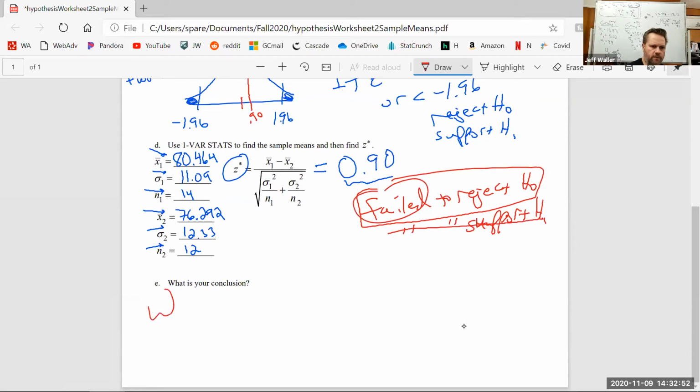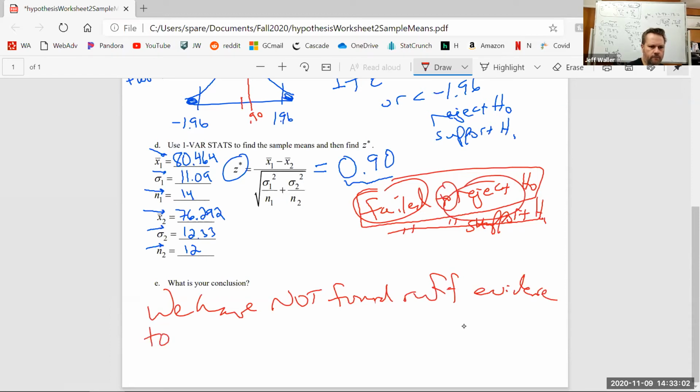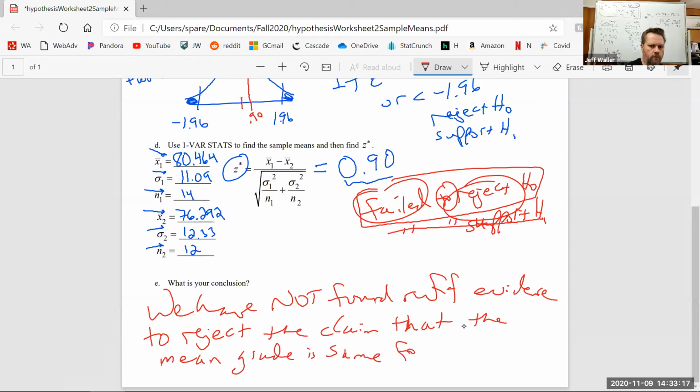Failed becomes we have not found sufficient evidence to reject the claim that the mean grade is the same for men and women.